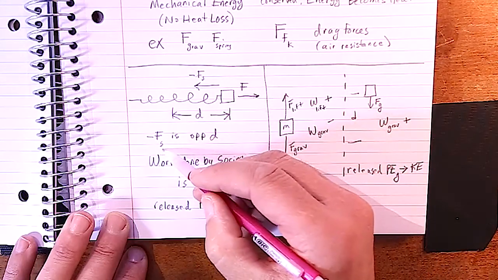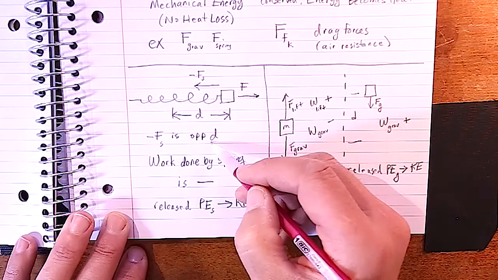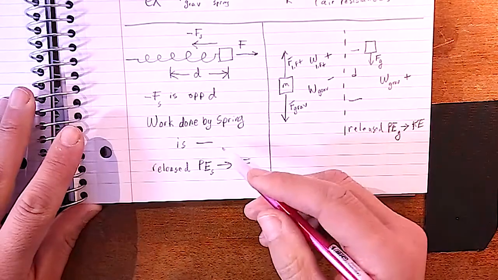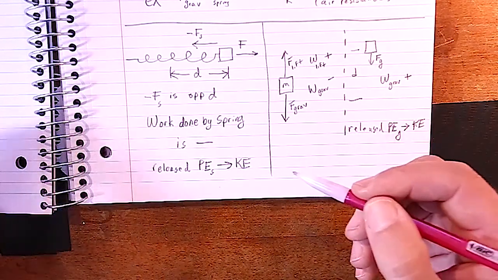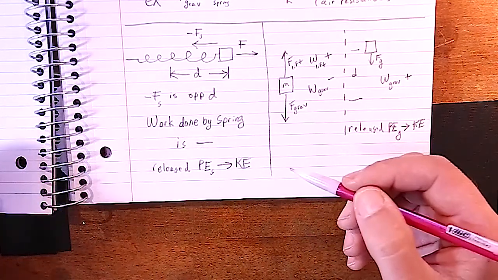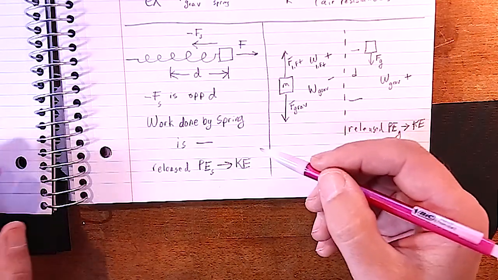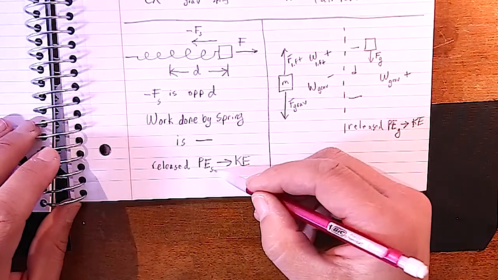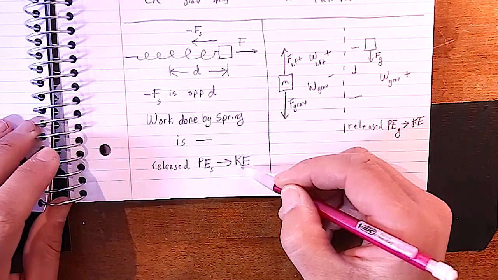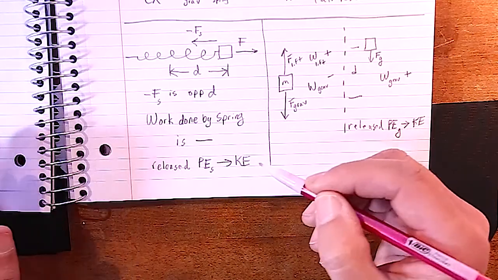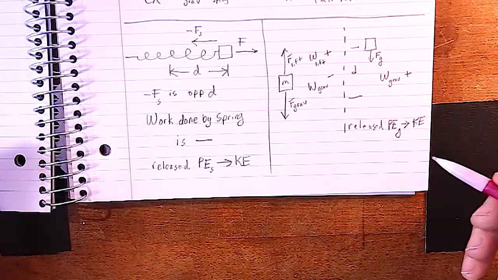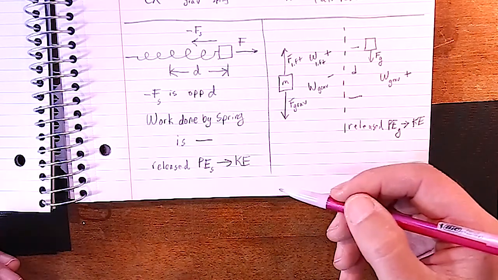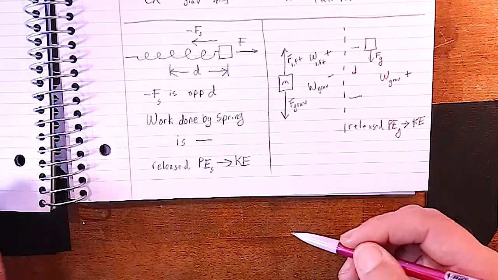So when we have a negative force of spring opposite the displacement, the work done by the spring is negative. However, because it is a conservative force, that force can then produce a new form of energy. We can take that spring potential energy and convert it back into kinetic. Think about the spring being released, then the mass would accelerate in the direction of the spring force and turn into motion, in other words, kinetic energy.